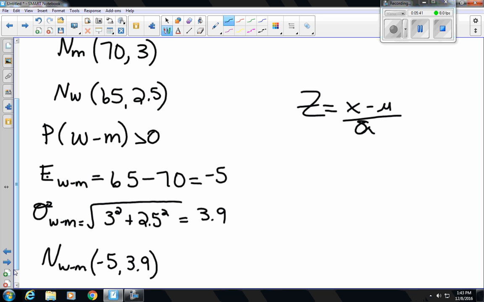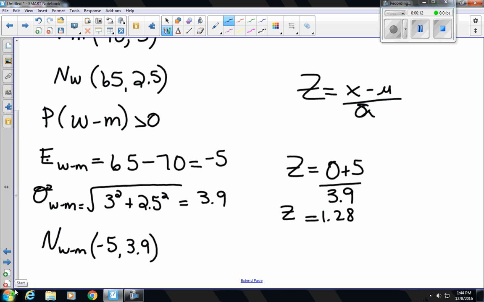So I need a z-score. This is really easy with a z-score. So z equals 0, minus -5, which is plus 5 over 3.9. I believe that is 1.28. You can double check me again.